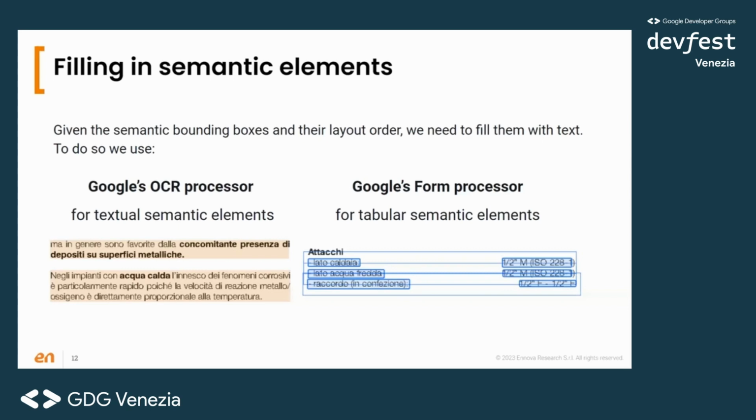Since we are Google partners, we like to use Google, and so we use two models available on Document AI, which is a Google OCR processor, which extracts text from images, and the Google Form parser that is better suited for extracting key value pairs like forms, like in this case, or classical tables.